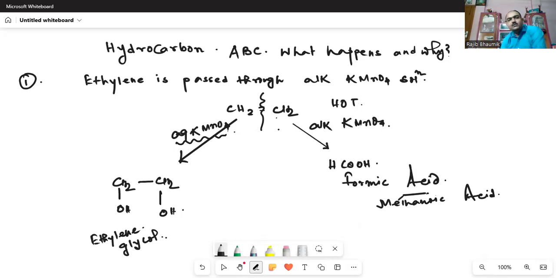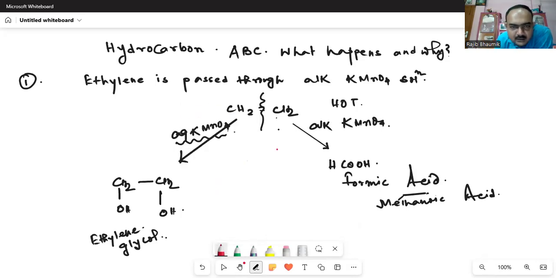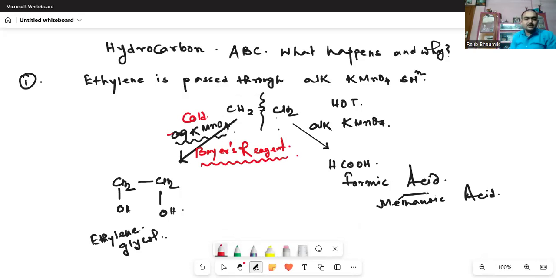Aqueous KMnO4 is in the cold condition, and it is also known as Bayer's reagent. So this is ethylene glycol. The first one is complete.